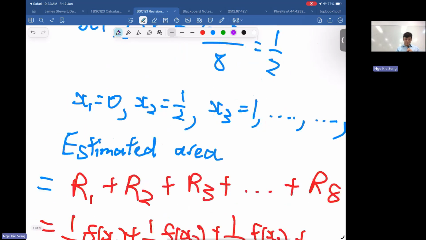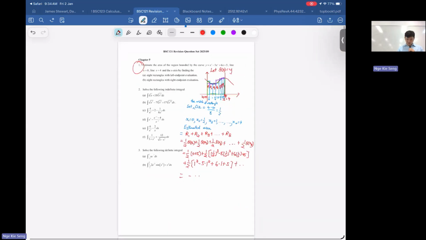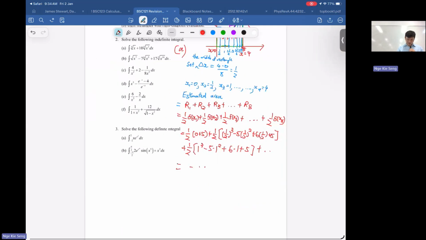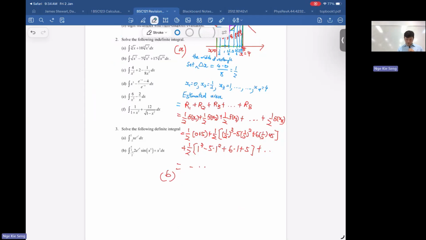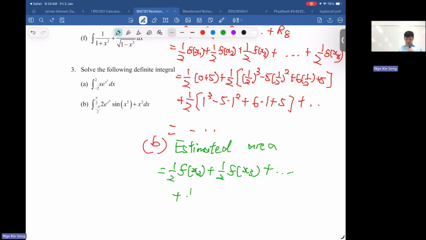Okay. So instead of taking f(x1), f(x2), you start with f(x2). So maybe this is for part A. So for part B, your estimated area will become half of f(x2) plus half of f(x3), and then all the way up to f(x9).